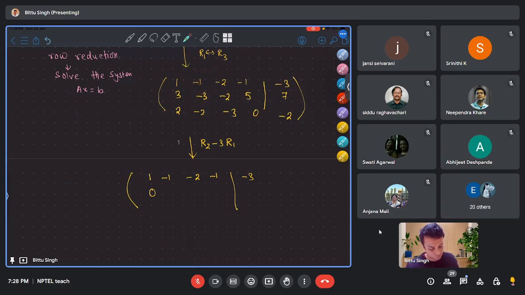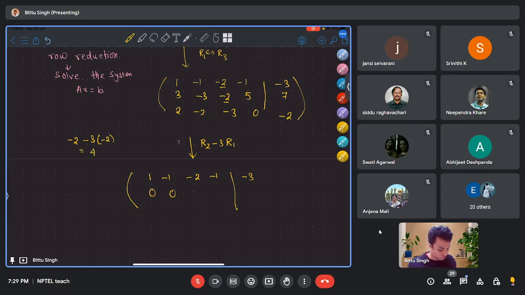Okay, so it is also 0. Now -2, the third thing will be -2 minus 3 times -2. What is this?